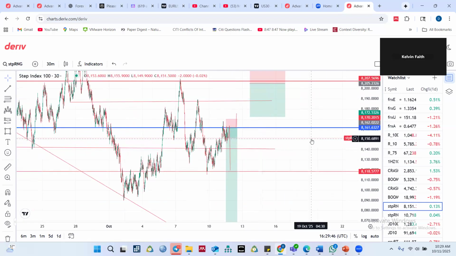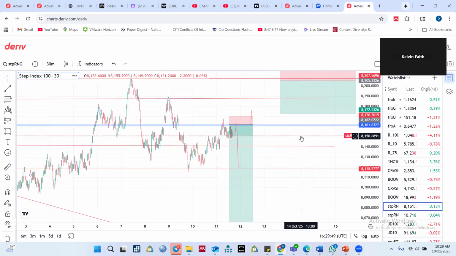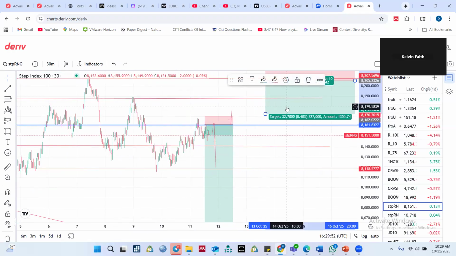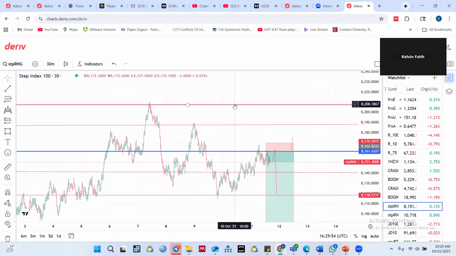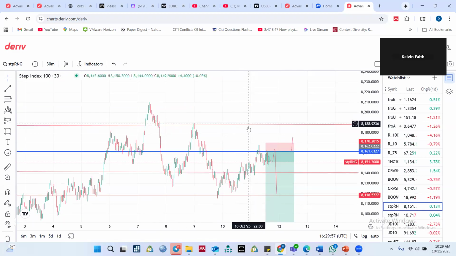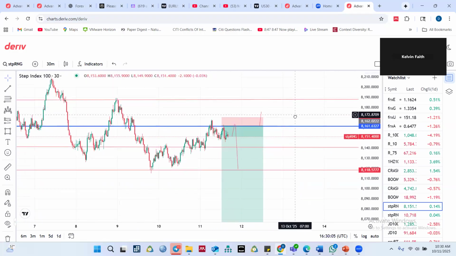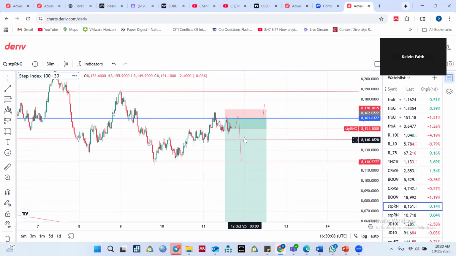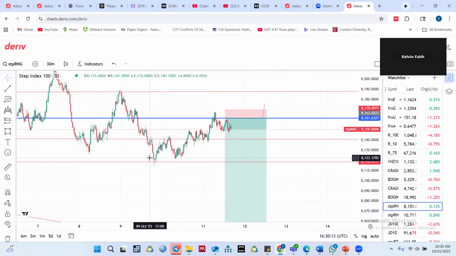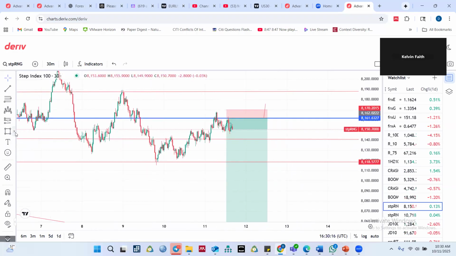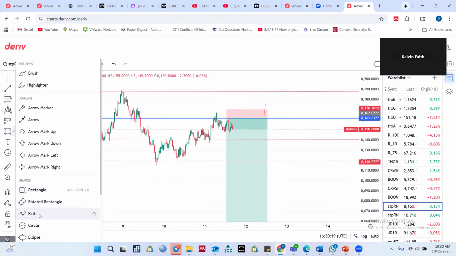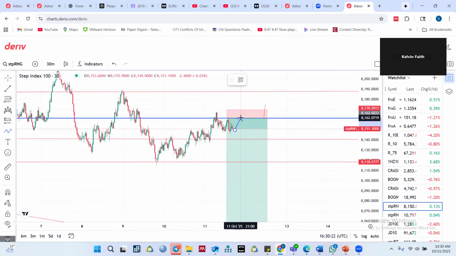And how can I clean the chart to some extent? Let me take these things off. Let me take here off. Let me take this line off. We are likely to have price pull up into here before it sells.